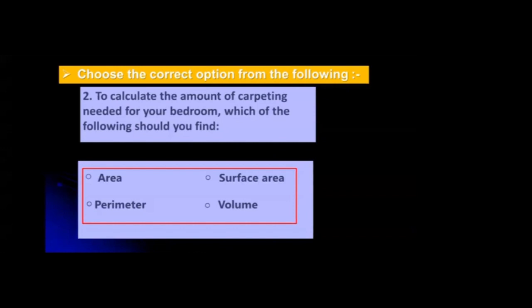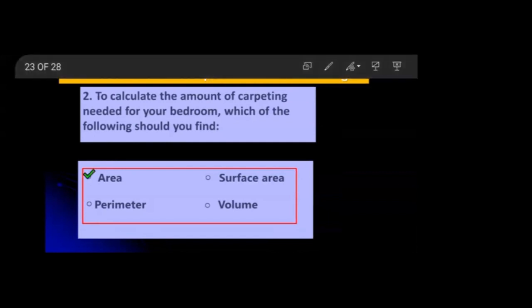For finding out the amount of carpeting needed for your bedroom, what do we need? We need area or we need perimeter? Area. Yes, we need area of the bedroom. Yes, very good. The answer is area.